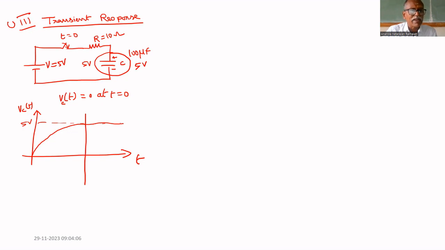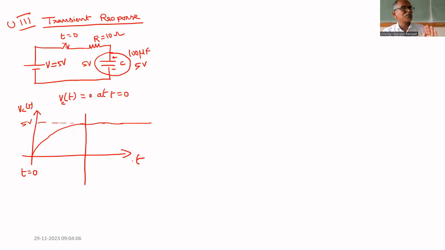This part, it remains 5 volt as long as the switch is closed. At t equal to 0, the switch is closed, and remains closed.